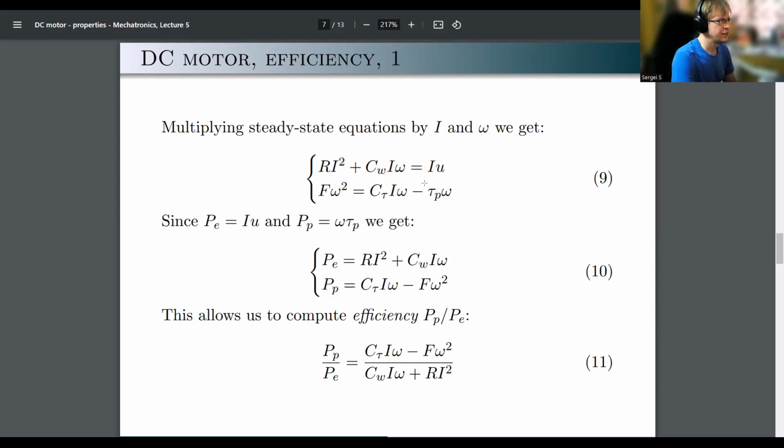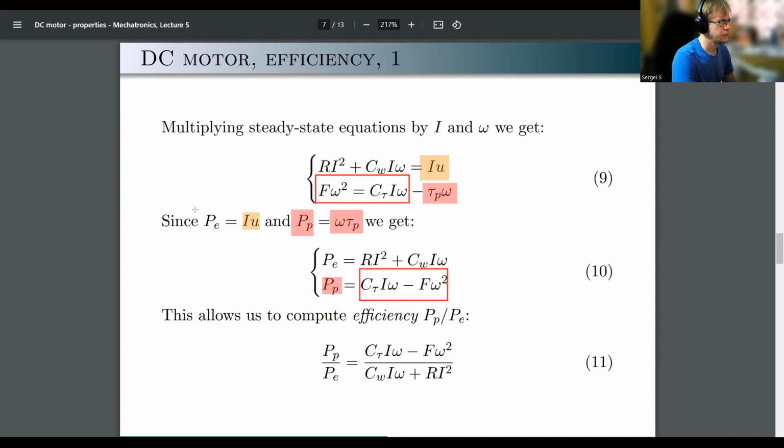Notice that tau omega is our mechanical power. So this expression here describes mechanical power, minus we can fix the signs like this. Same way exactly, here is this electrical power.